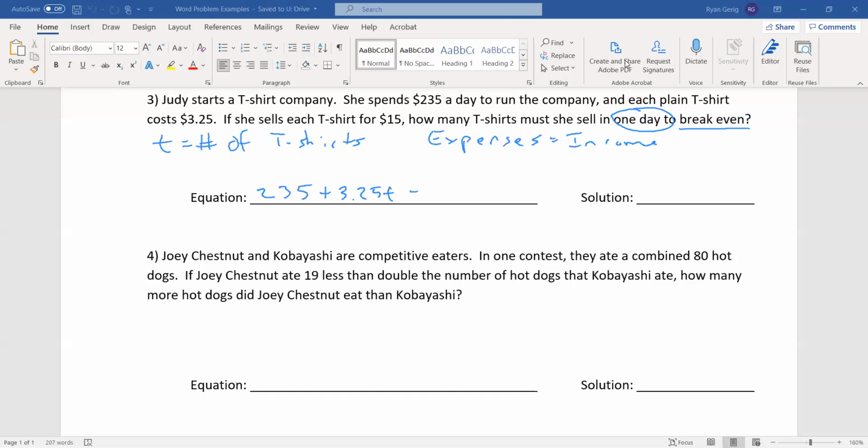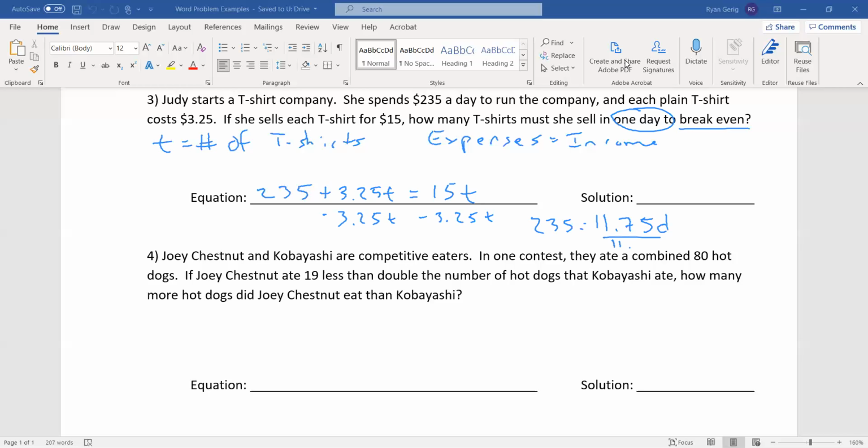Income is only $15 per t-shirt. So there's actually a variable on both sides here. And now I need to get those variables together. Again, calculators are nice. So 235 equals 15 minus 3.25, which is 11.75T.